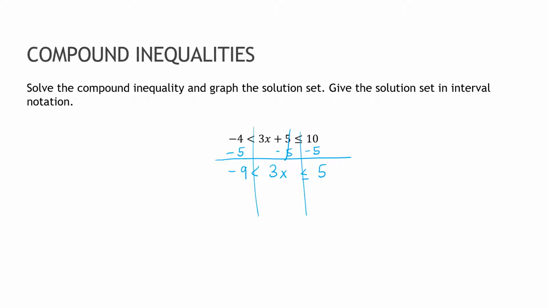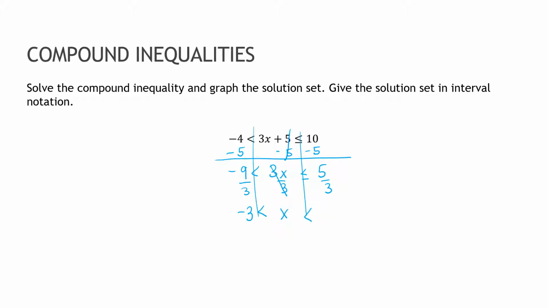Now I'm going to divide by 3 everywhere. -9 divided by 3 is -3. The inequality stays the same, so keep in mind it's only if I multiply or divide by a negative that I have to flip it. Here, even though my solution is negative, I've divided by a positive 3. In the middle I have x.